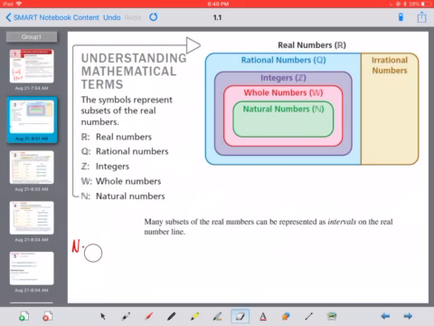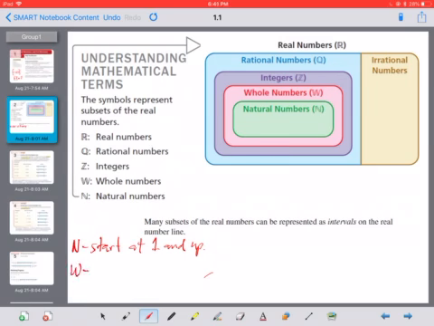So natural numbers start at 1 and go up. Then we go out to the next level, the whole numbers. And what is added in with that group, you have all of the natural numbers inside there, 1 counting up to infinity.